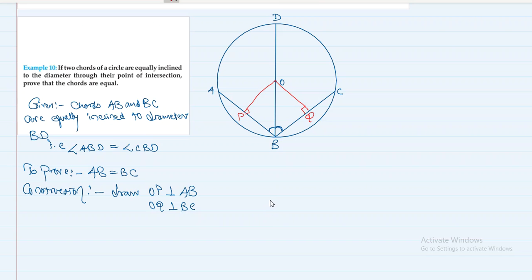Proof. So we have to prove that AB is equal to BC. That's very easy to prove.